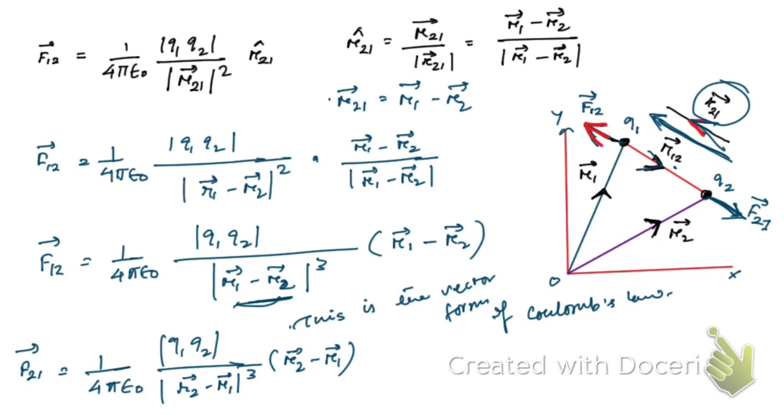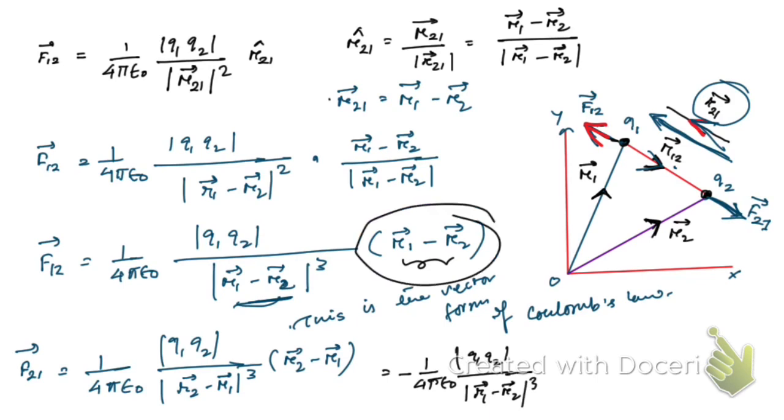Now what is the relation between these two? Now you see, this is r1 minus r2, this is r2 minus r1. If you take a minus common here, then this expression can be expressed this way: 1 by 4 pi epsilon naught, q1 q2 by mod of r2 minus r1, and mod of r2 minus r1 and r1 minus r2 are the same because it is magnitude only. So we can write r1 minus r2 cubed.